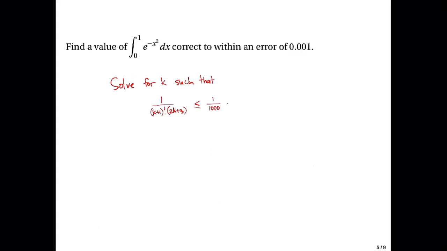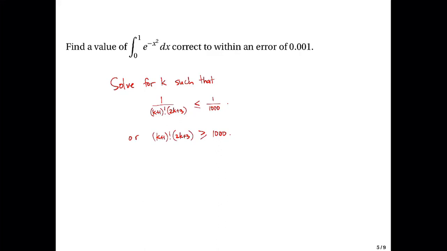And then we want this to be less than or equal to 1 over 1000, which means that k plus 1 factorial times 2k plus 3 must be greater than or equal to 1000. We just need the smallest value of k satisfying this inequality.